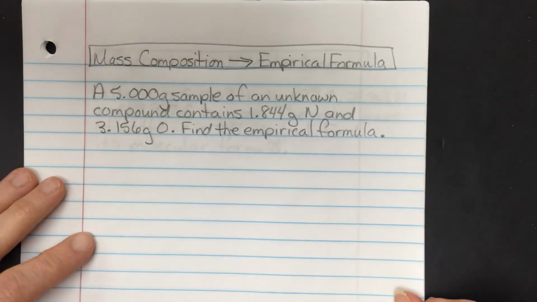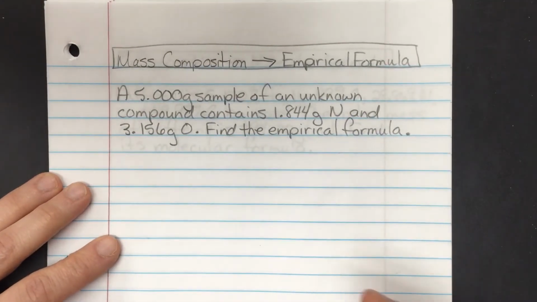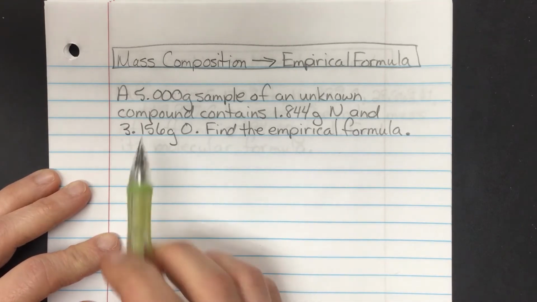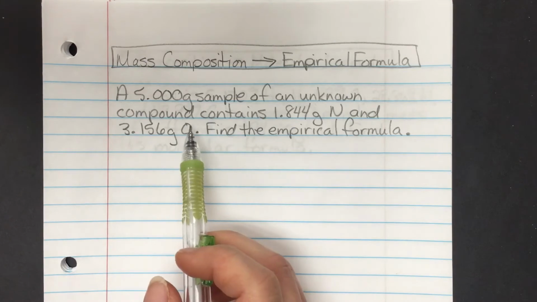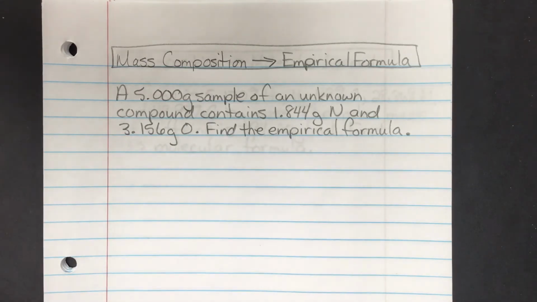The second type of problem you might encounter is going from mass composition to the empirical formula. So here I have a 5-gram sample of an unknown compound that contains 1.844 grams of nitrogen and 3.156 grams of oxygen. Find the empirical formula.